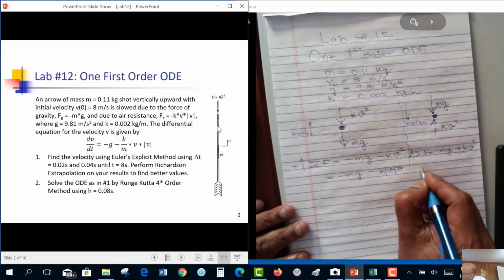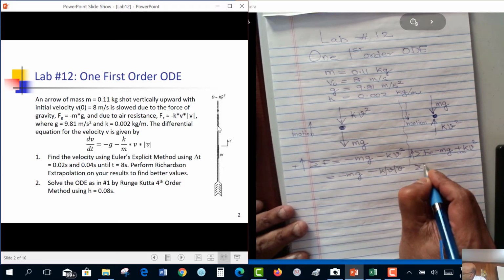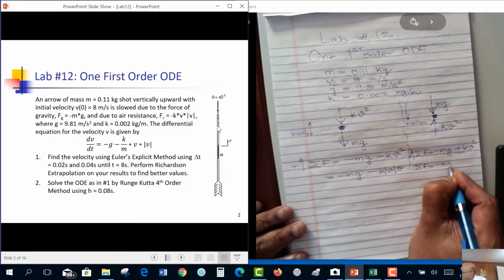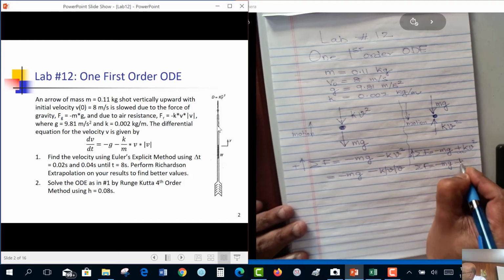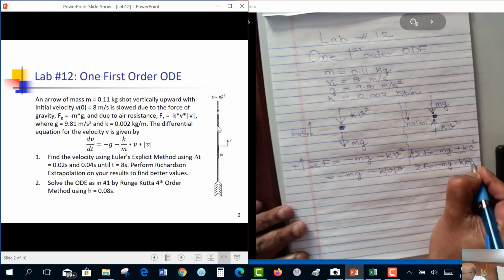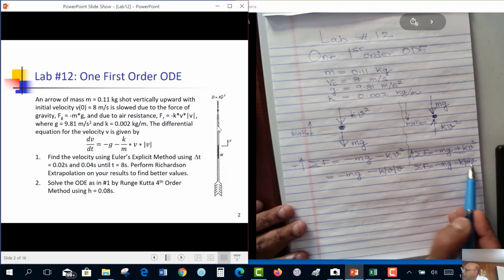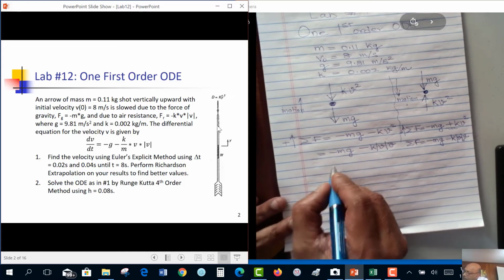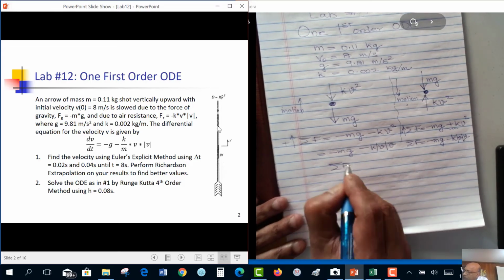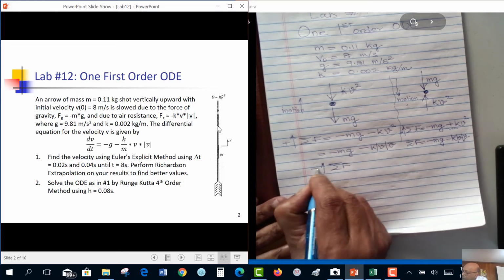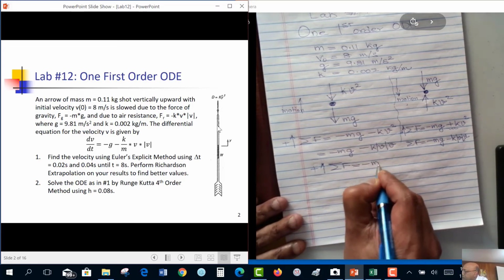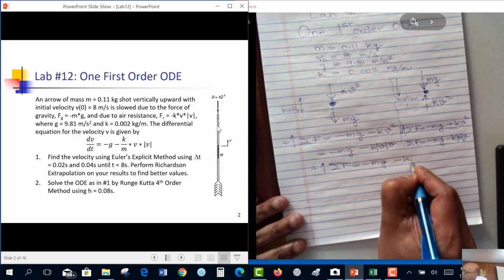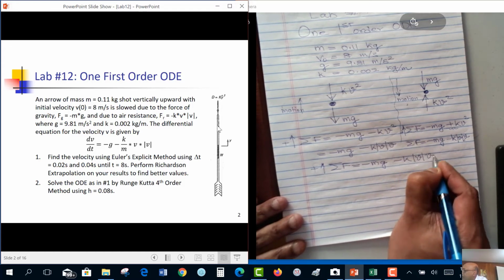And when motion is downward, v is negative, so this whole force will become positive, which is what we want. So we can simplify our equation, sum of forces upward, to be minus mg minus k absolute v times v.